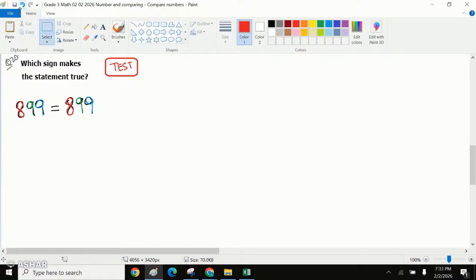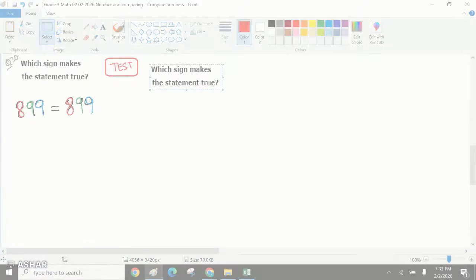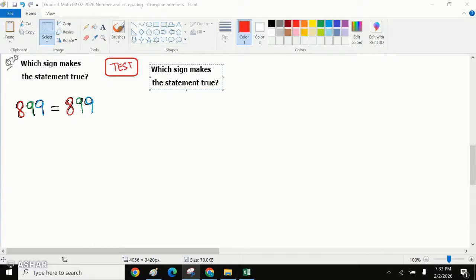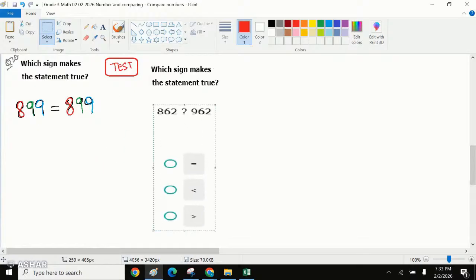Question 1 from the test says, which sign makes the statement true? And the values given were, okay, these are the 3 signs given to us. Okay, this is our question number 1 for the test.